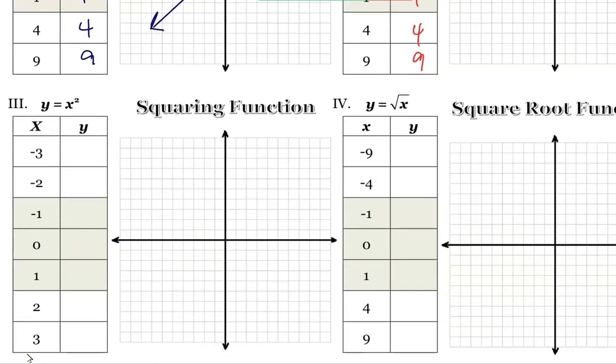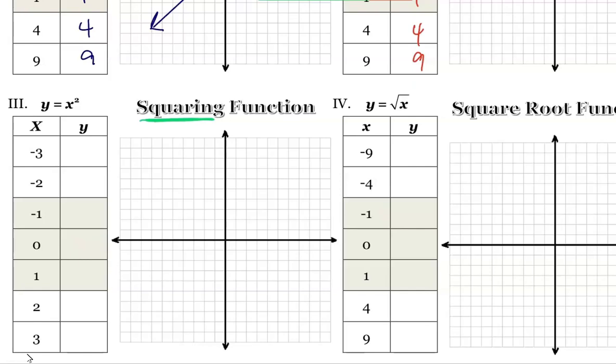Squaring function. This function you know pretty well also because you know it as a parabola or a quadratic. Get used to calling it a squaring function. That means that the function squares the X value to get the Y value. If you square a -3, you will never get a negative.